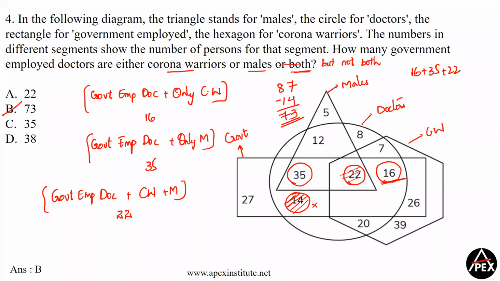If it is mentioned how many government employed doctors are either corona warriors or males, still the answer will be the same. Clear, guys? Quick responses. Yes, clear. Okay, moving ahead. Next question.